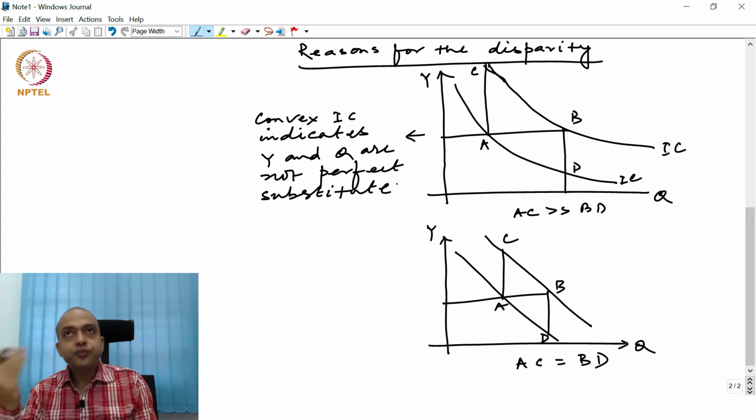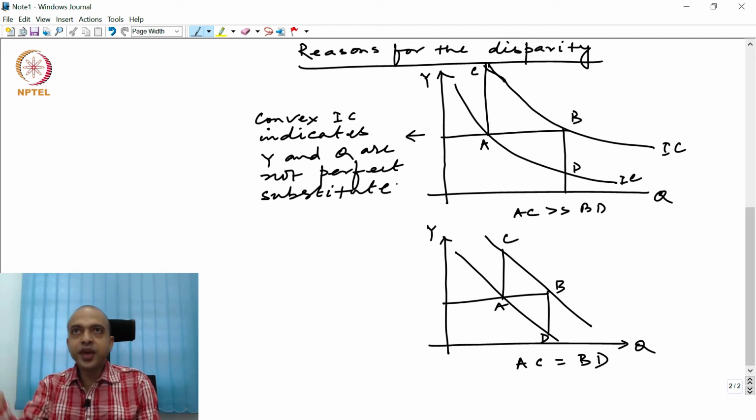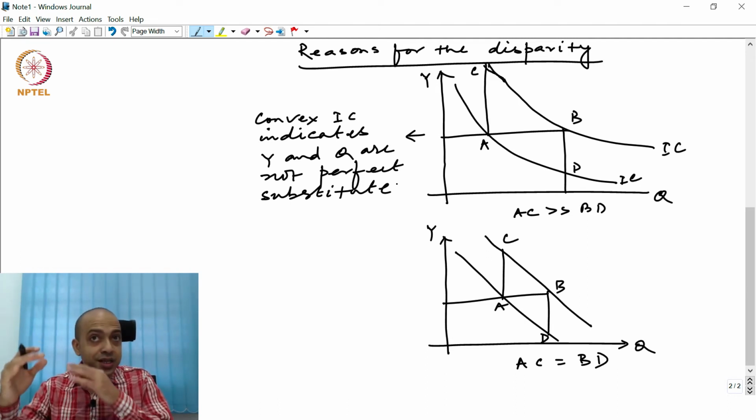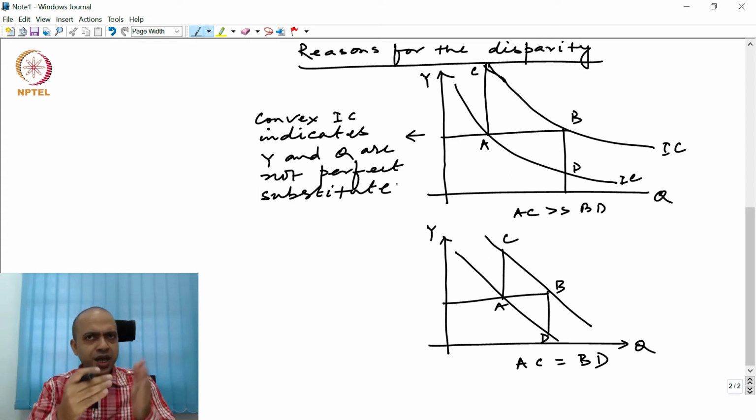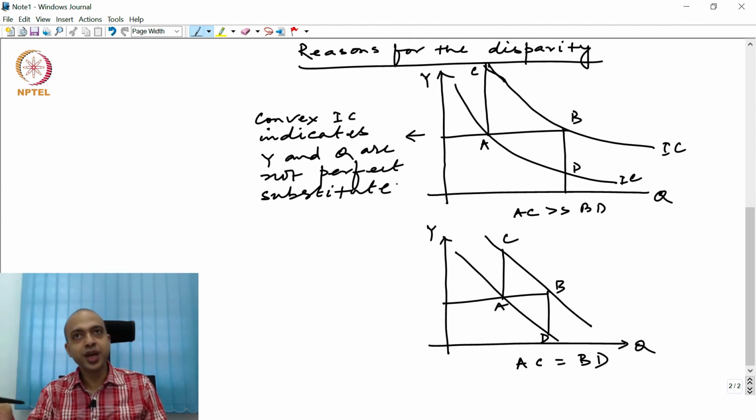So when I am getting extra environmental quality, I am paying something. But environmental quality and income are not perfect substitutes. Since they are not perfect substitutes, that itself explains the disparity between willingness to pay and willingness to accept.